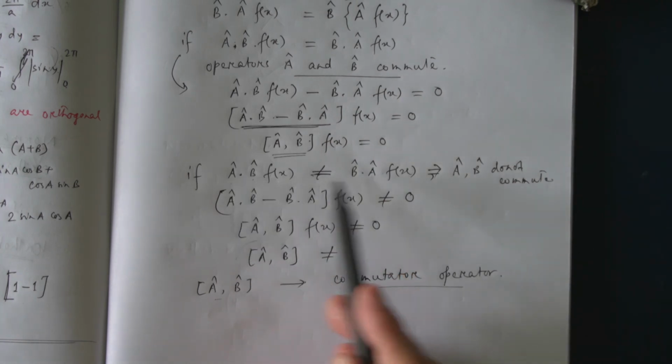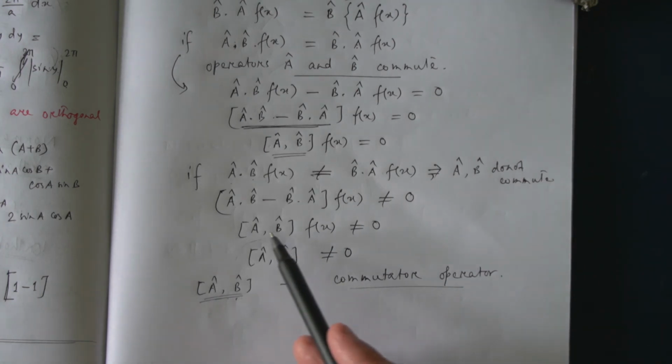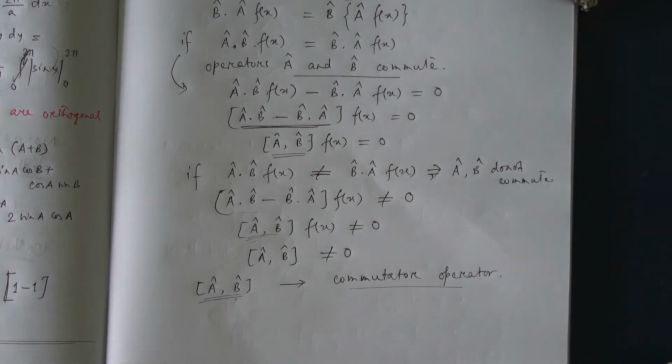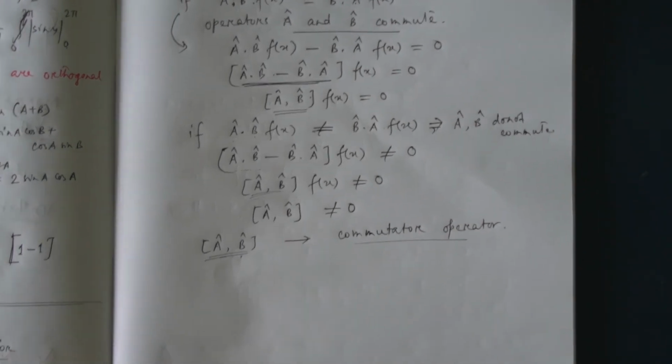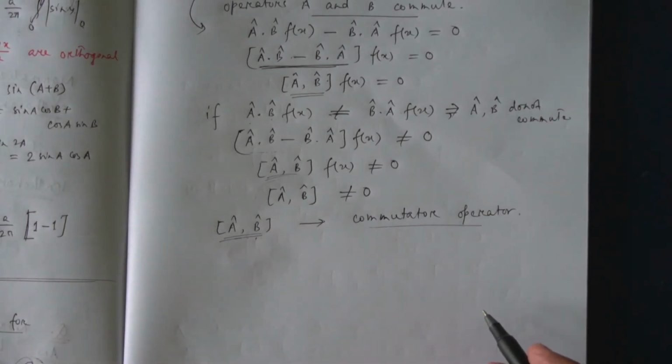But when A and B do not commute, we say that this is commutator operator. Okay. Now let us see a few examples. Small example, in fact. Say, suppose question.